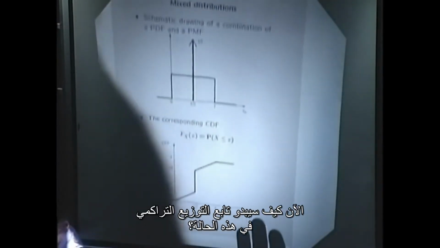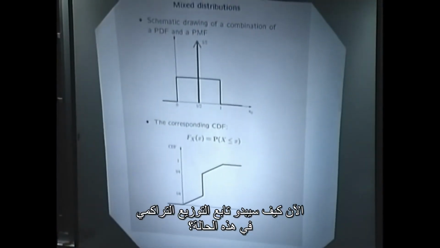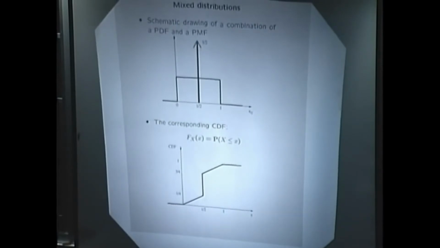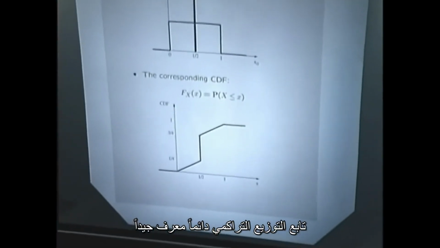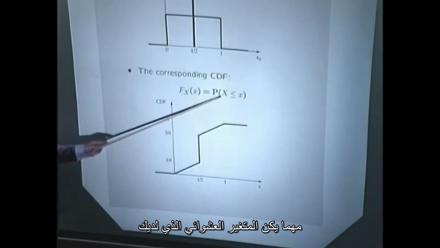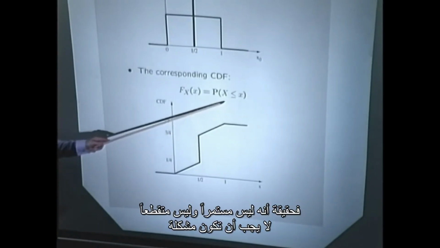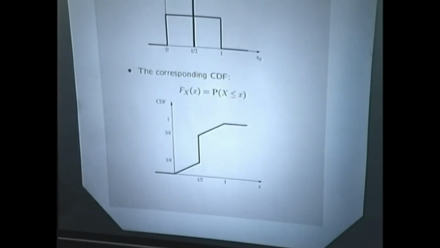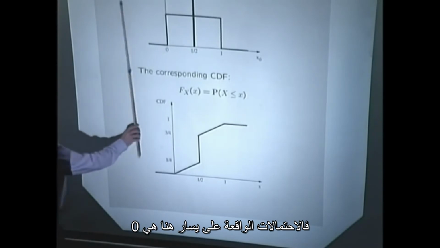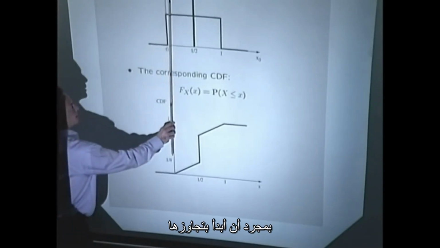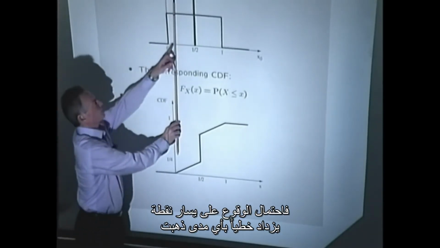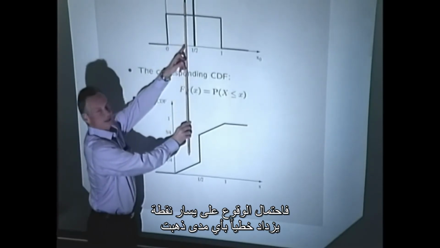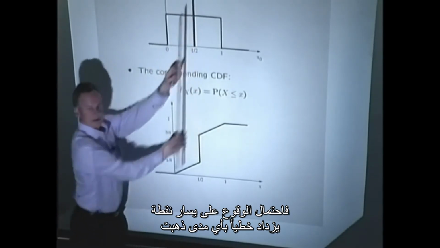So now, what would the CDF look like in this case? The CDF is always well-defined, no matter what kind of random variable you have. So the fact that it's not continuous, not discrete, shouldn't be a problem as long as we can calculate probabilities of this kind. So the probability of falling to the left of here is 0. Once I start crossing there, the probability of falling to the left of a point increases linearly with how far I have gone.